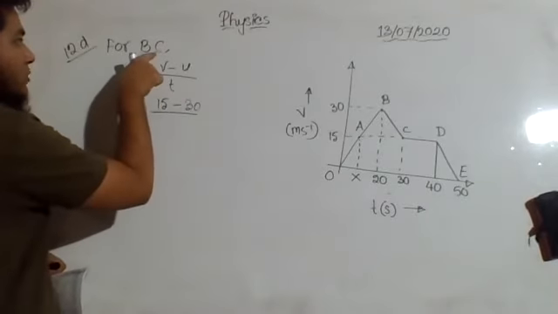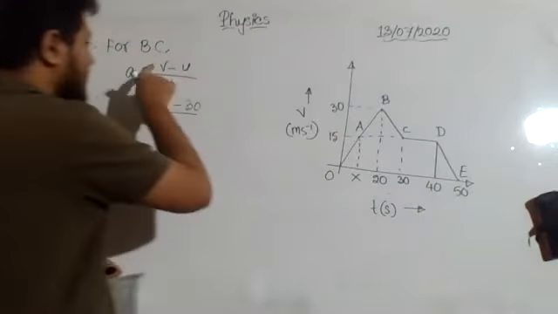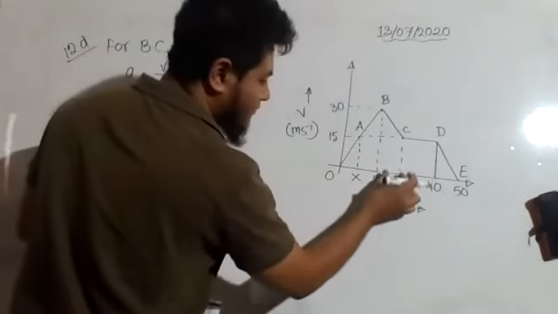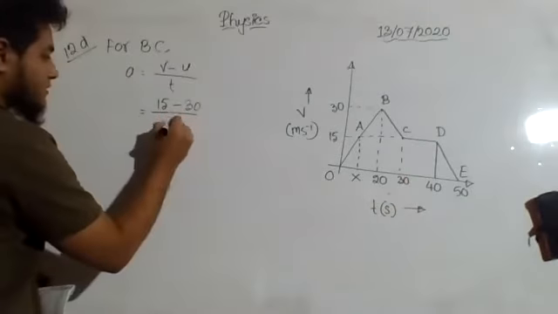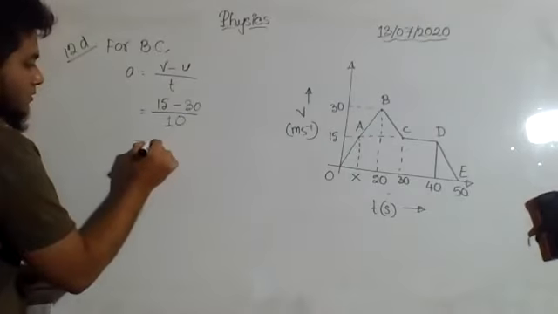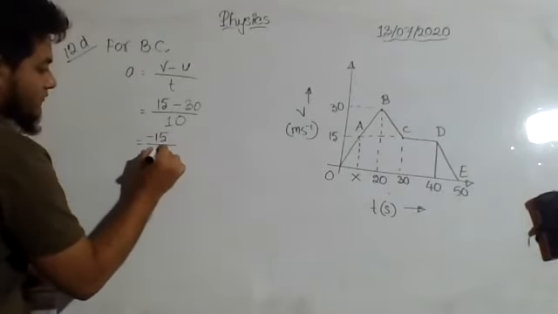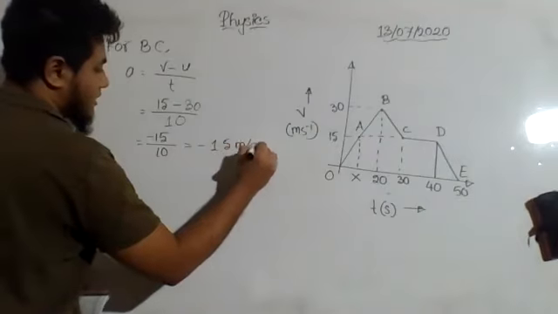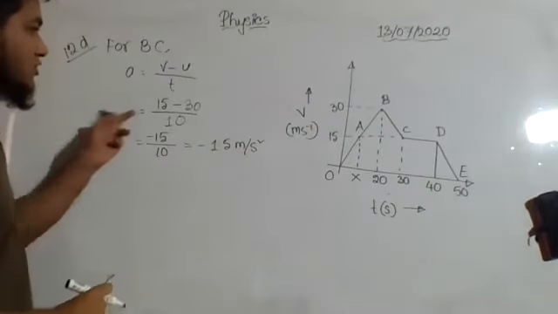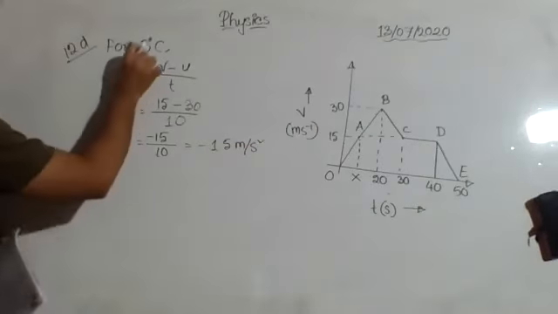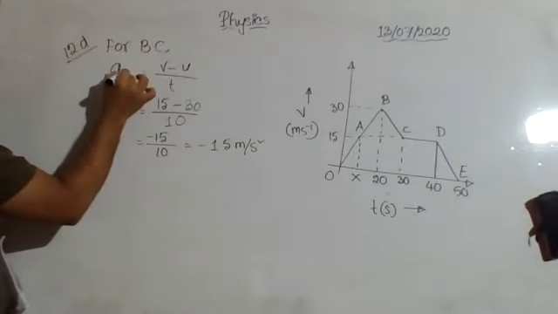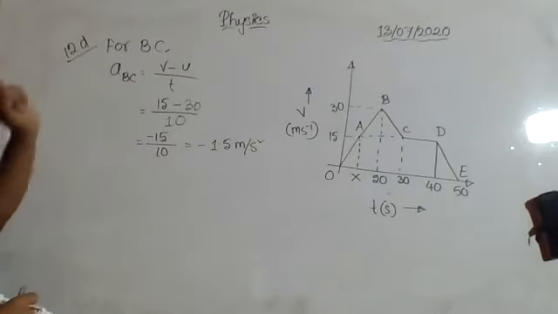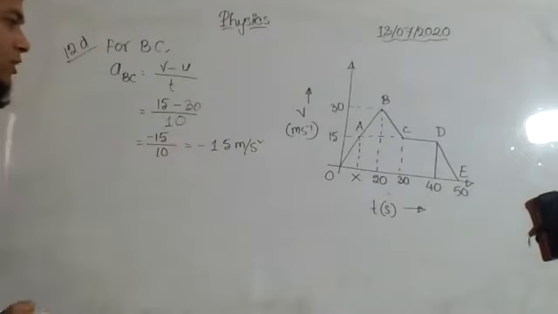So the final velocity we take from point C, and the initial velocity from point B, divided by time. What is the time difference? 20 to 30, it is 10 seconds. So minus 15 divided by 10 is equal to minus 1.5 meter per second square. This is the acceleration for the BC part. Let us represent it by a_BC, which is minus 1.5.